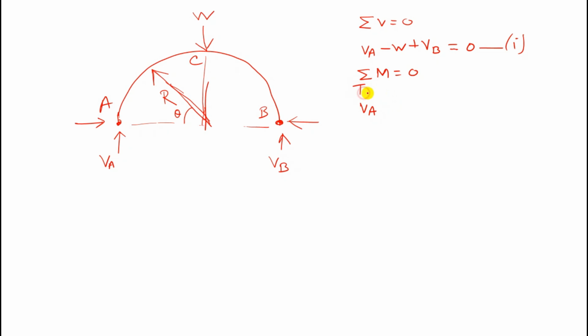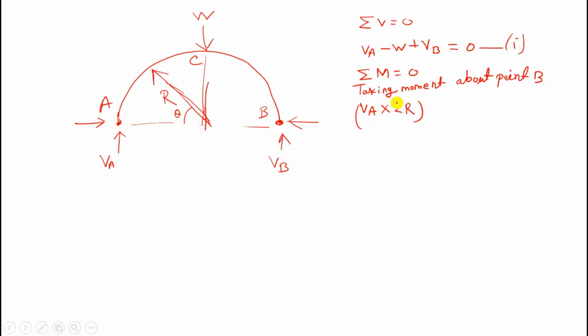Taking moment about point B, VA into 2R is clockwise moment.